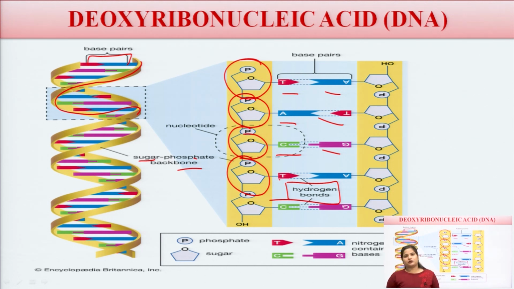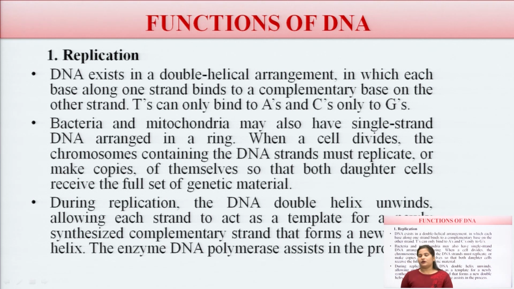So adenine and thymine have 2 hydrogen bonds, but guanine and cytosine have 3 hydrogen bonds. Now, if we talk about the functions of the DNA.